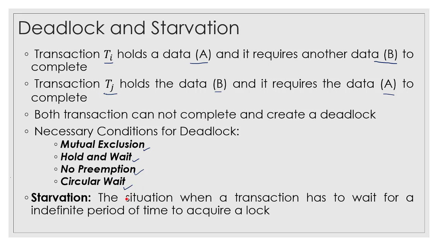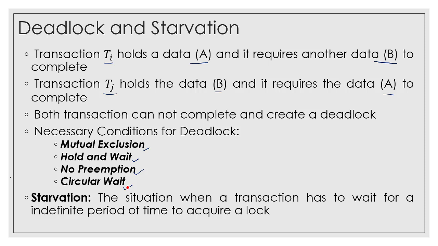Starvation is the situation when a transaction has to wait for an indefinite period of time to acquire a lock on a data item, and until it acquires a lock on the data item, it cannot finish its job. So it needs to wait for an indefinite amount of time to complete its job.